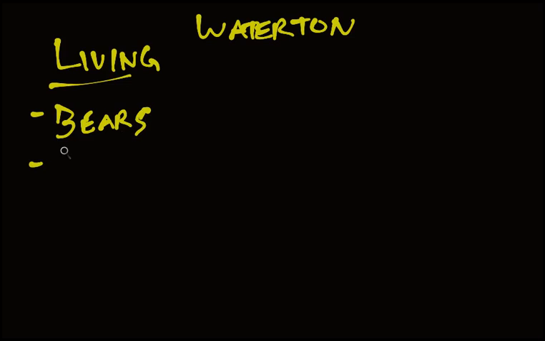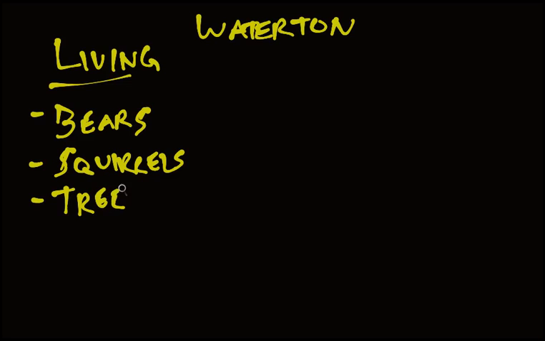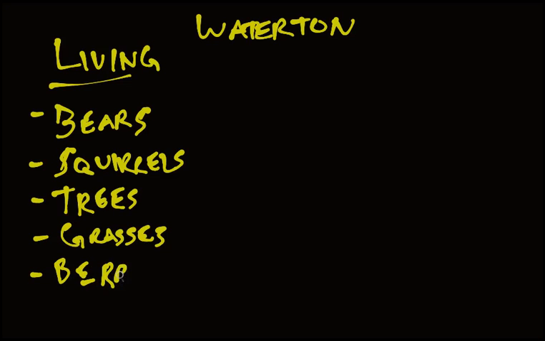There's squirrels. We got some trees, grasses. The bears love the berries. Let's list them as well. And there's lots of other living things. Oh, we can't forget humans. We love to be in Waterton.